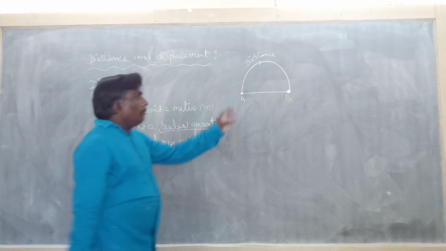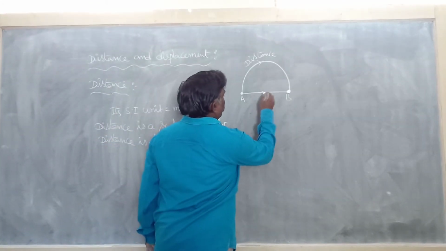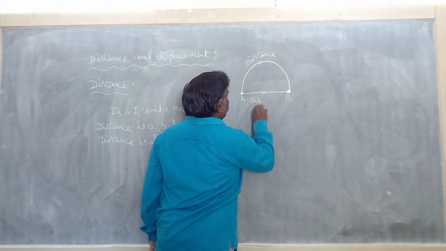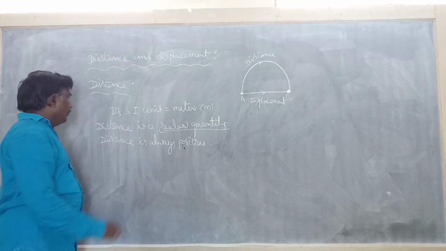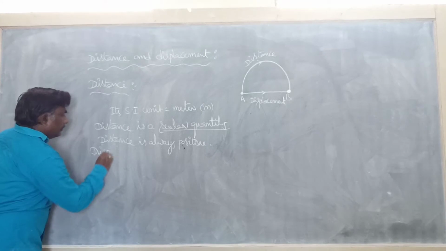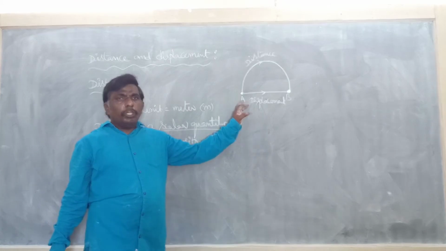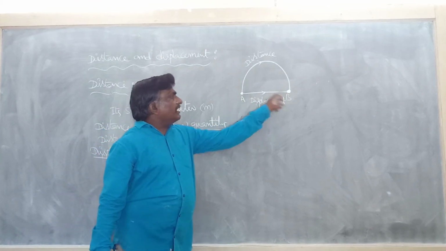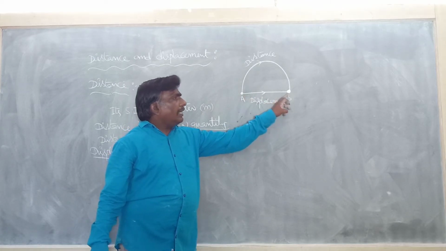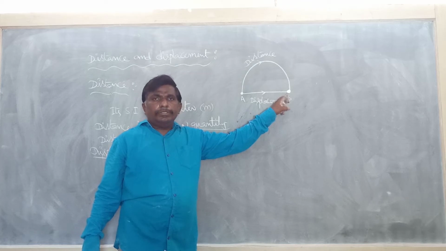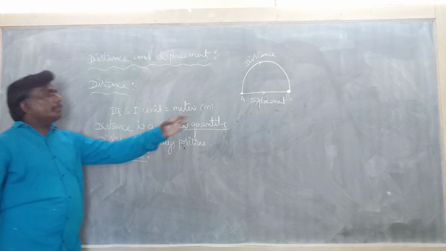Now, what about displacement? You observe here. The shortest distance between initial and final positions of a body is called displacement.